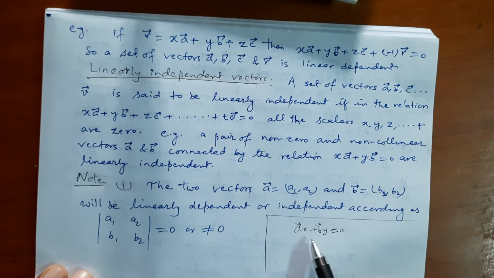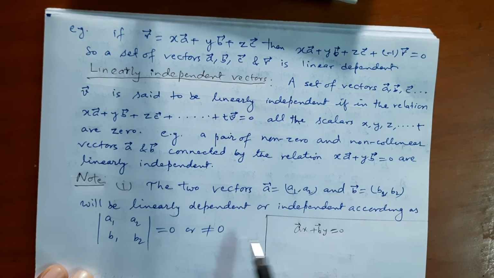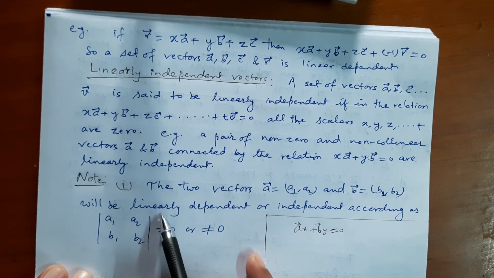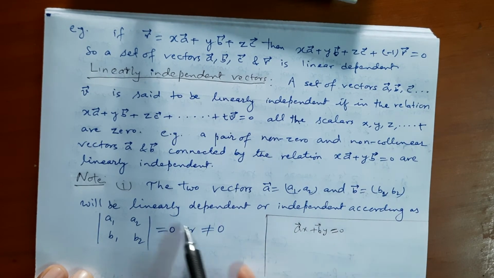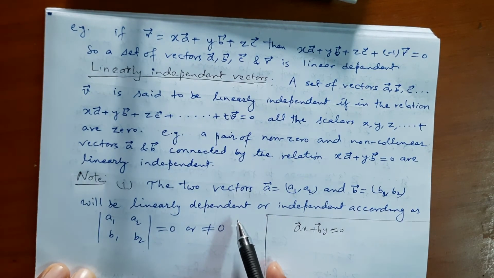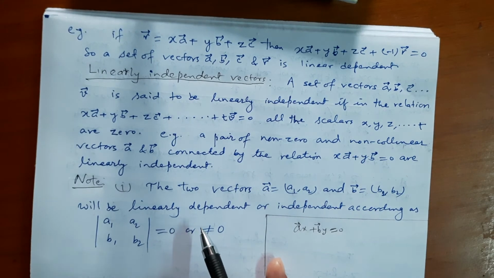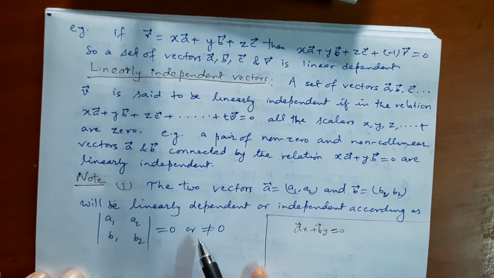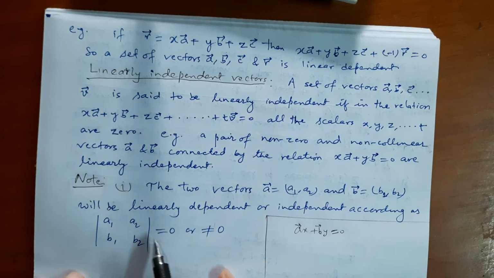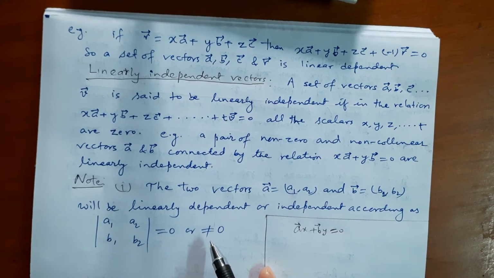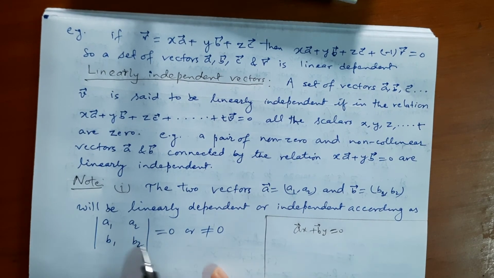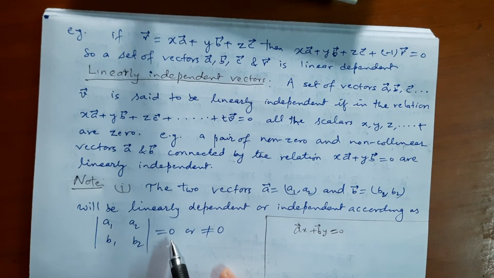So if any one of the scalars is non-zero, then these vectors a and b are linearly dependent. Okay, in this way you can remember this opposite relation of linearly dependent in the case of the determinant and in the case of scalars. Here if the vector determinant is 0, then the scalar is non-zero.